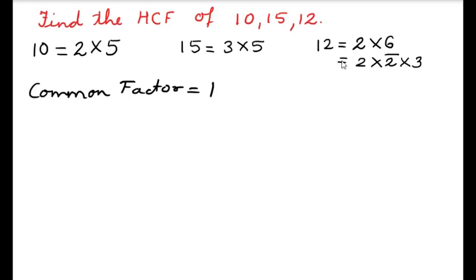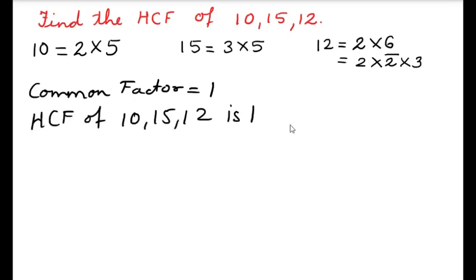Hence we can say HCF of 10, 15, 12 is 1. Got it? Whenever there is no number common, what is its HCF? Its HCF is 1. So children, always remember, if no prime number is a common divisor of all the given numbers, then 1 is their HCF, because it is the only common divisor.